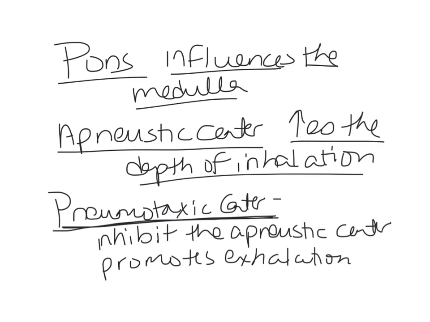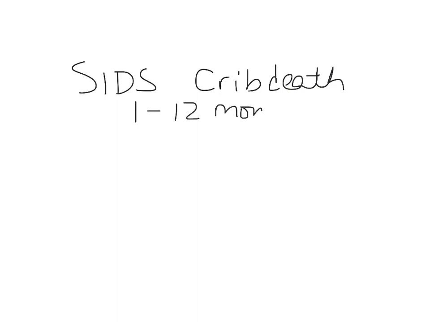All right. There is a condition that we call SIDS. That's also known as crib death. A lot of times, not a lot of times, but when we do see this, we see this in any infant from 1 month to 12 months old. Kills about 2,200 infants a year. There's a lot of different statistics about it, like it happens between midnight and 9 a.m., so it happens in the middle of the night when parents don't know.